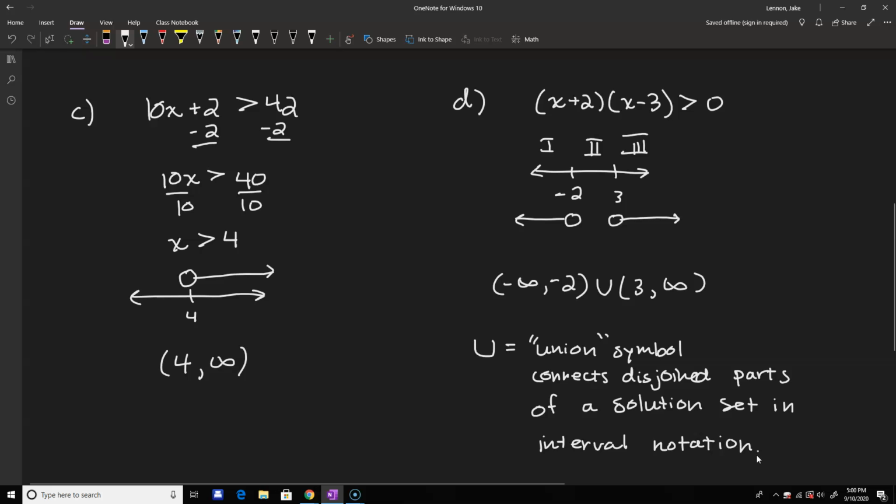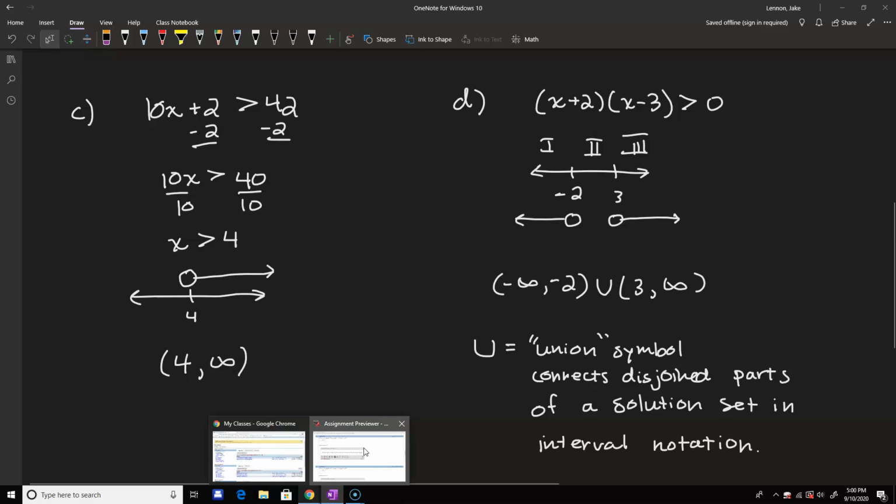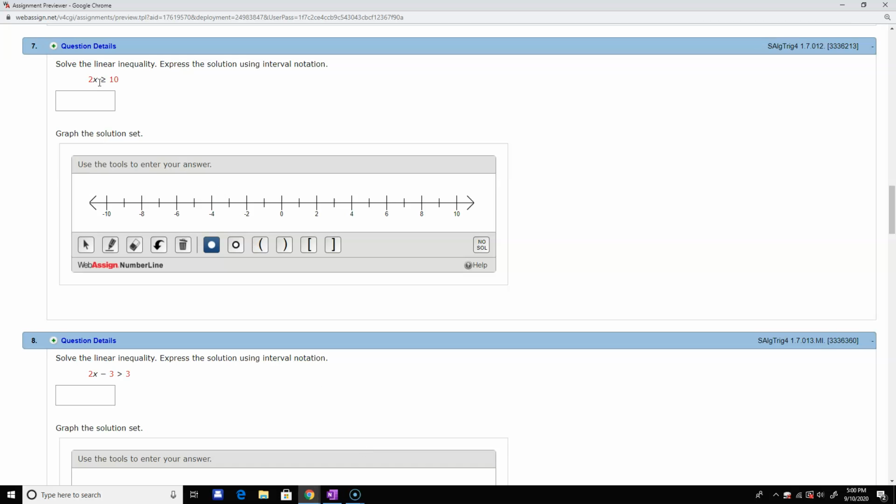Okay, so let's see how to enter that on WebAssign, just to make sure we're doing it right. Let's just look at this one. 2x greater than or equal to 10, that's going to have solution x greater than or equal to 5. If we were graphing that, we'd want a closed circle on 5, and then we want the numbers that are bigger than that, so we shade to the right of that.